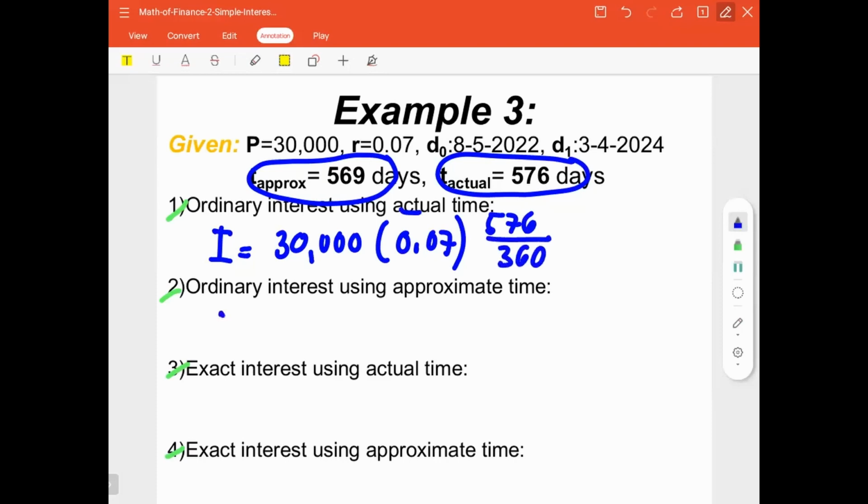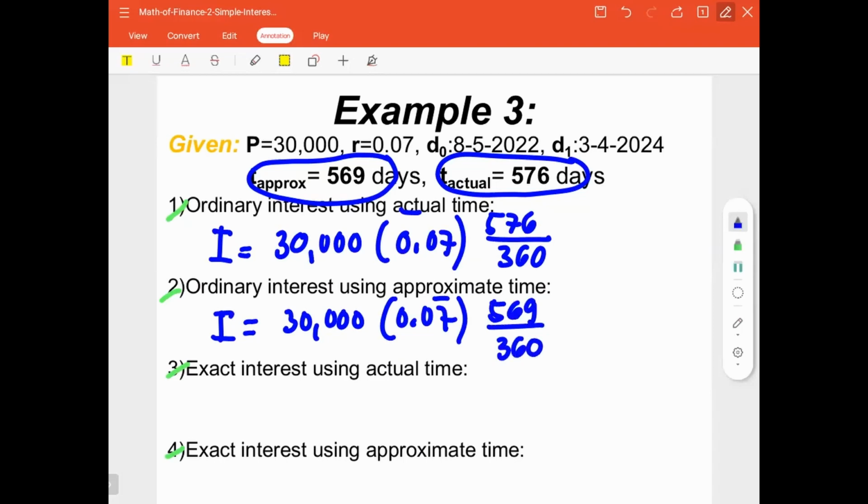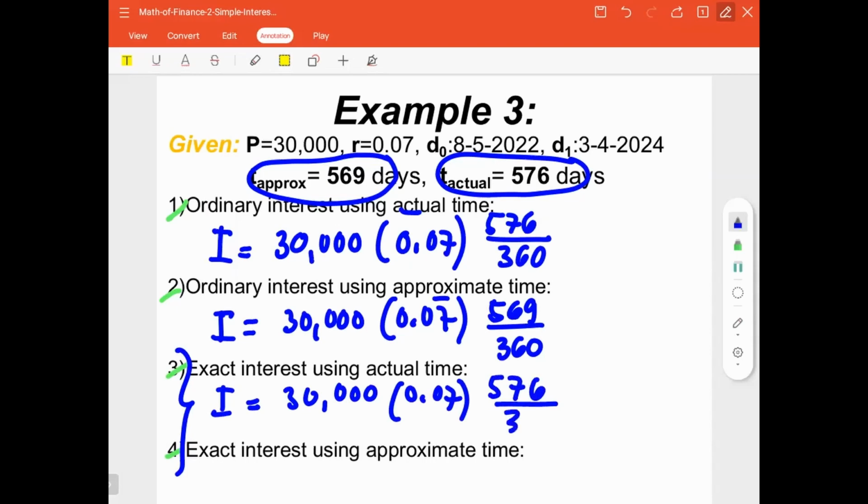And for the second one, the same. 30,000 times 0.07, but this time we use the approximate time, which is 569. The same denominator, 360, because it is still ordinary interest. And for the exact interest, the same procedure, the same formula, but this time, the denominator we will use, with 576 as the actual time, will be 365.